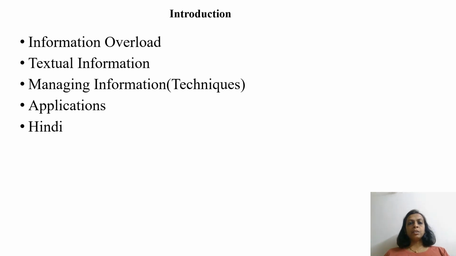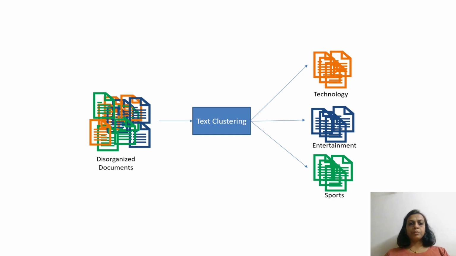So managing this textual information becomes difficult, and if we could manage it in a systematic manner, then it can support different types of applications. Managing textual information is one of the challenges, and lots of techniques are available for the English language, but for regional languages like Hindi, the techniques are scarce, and that's why we have chosen this topic.